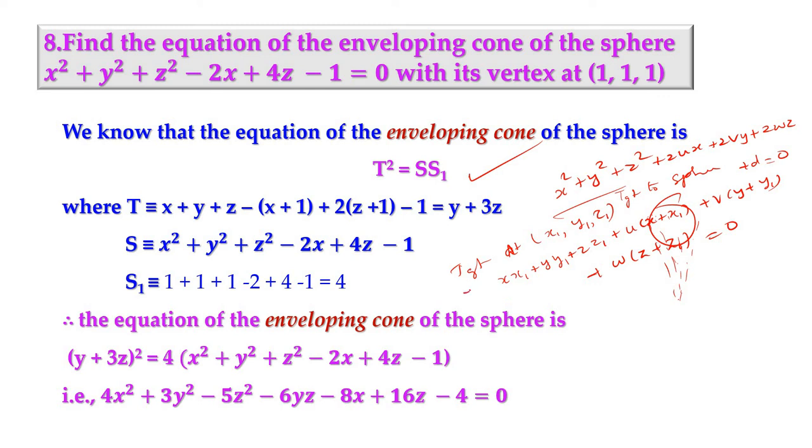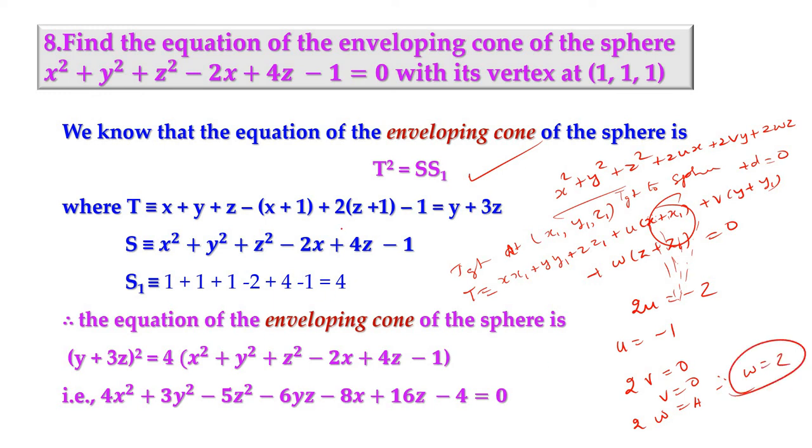So it is for t that we use this, and here just compare this with this. So 2u is minus 2, therefore u is equal to minus 1, and 2v is 0, so v is equal to 0, and 2w is equal to 4, therefore w is 2.